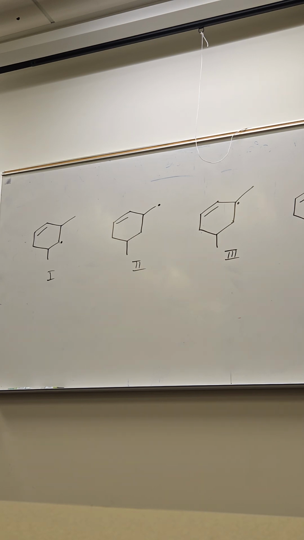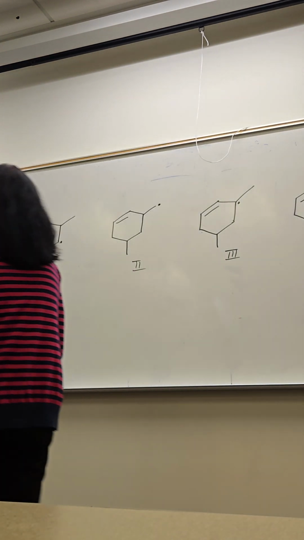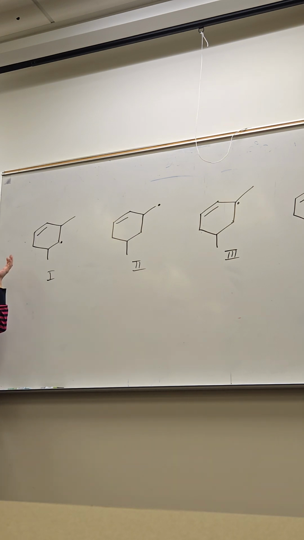Please tell me which one that would be. I would think number 1 is less stable. Wouldn't it be 2? Okay, go ahead, tell me, is this primary, secondary, tertiary? We are looking at the radical.